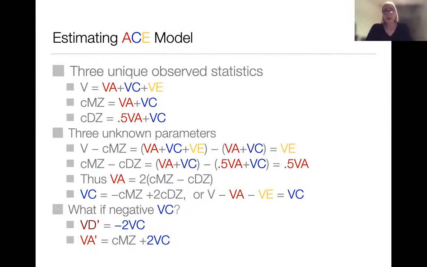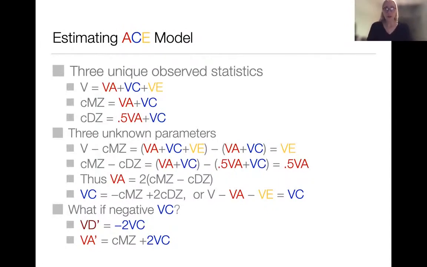Now, it is possible, if you estimate the variances directly, that you might end up with a negative VC variance, which has to do with the relative magnitude of the MZ and the DZ correlation, which I'll explain in just a minute. It turns out that the shared environmental component and the dominance component can't be estimated simultaneously because they have competing expectations.